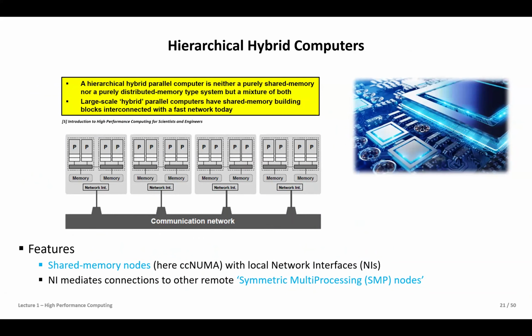Hence, in the end, how you would do it on the big computers for weather forecasts and similar things, you would program shared memory within a smaller part, in one node, but to go across the different nodes you would use distributed memory programming. So you would use OpenMP inside nodes and then MPI across the nodes to communicate.